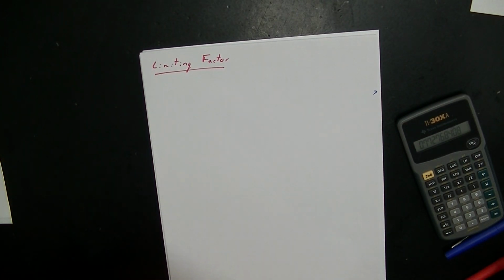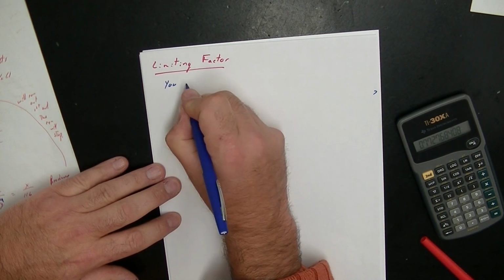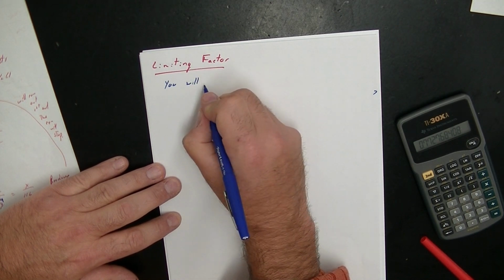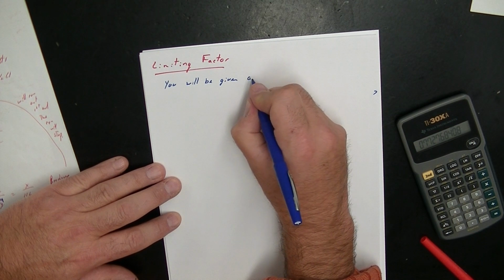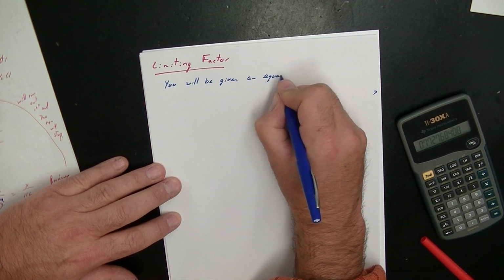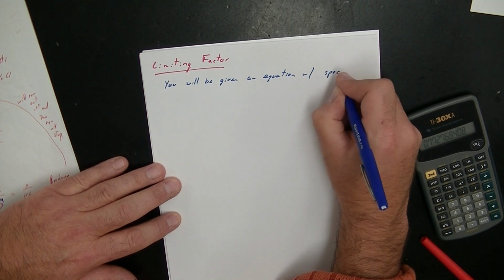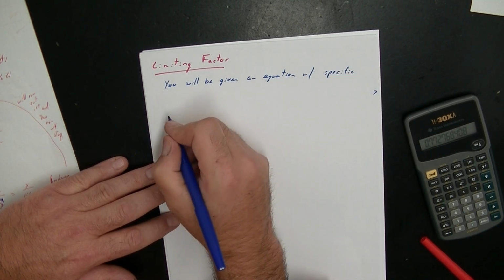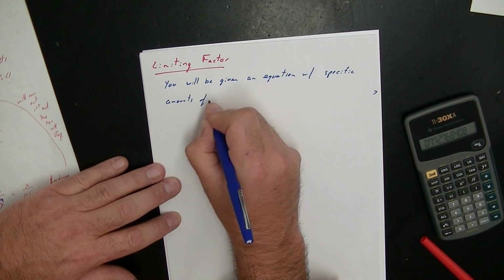Now, in limiting factor, you will be given an equation with specific amounts of each reactant.